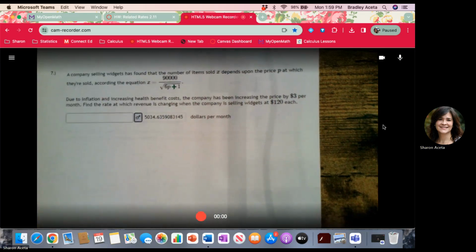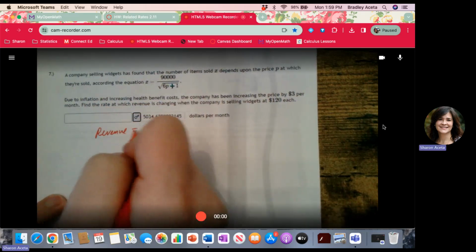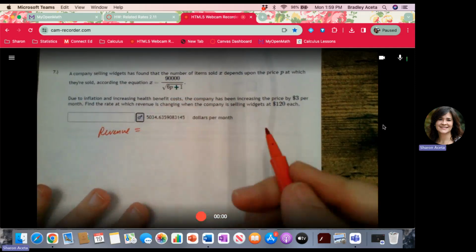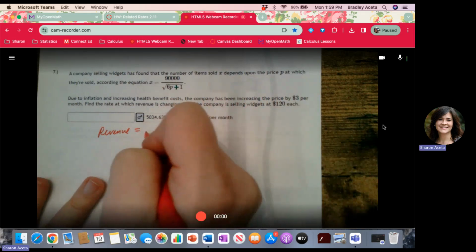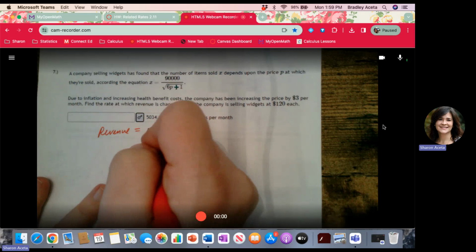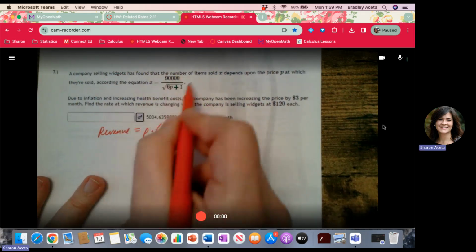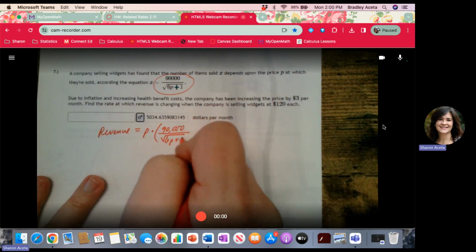Okay, so remember the formula for revenue. It is price times your demand equation, or X times price, or price times X. Since our X is already given to us, we're just going to put that there.